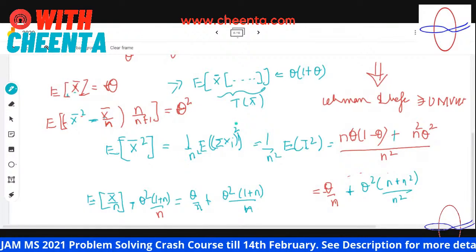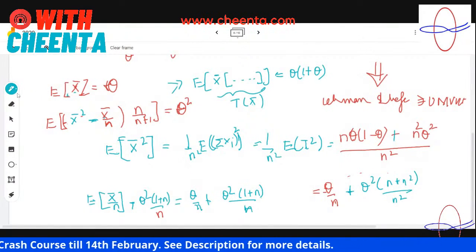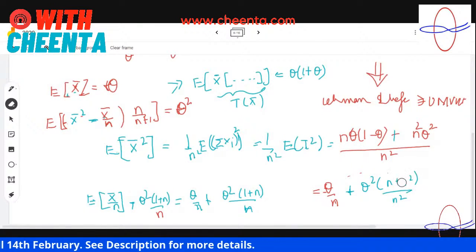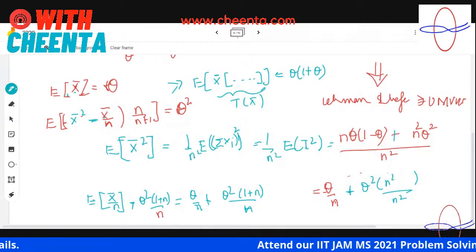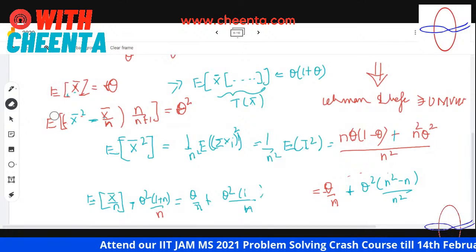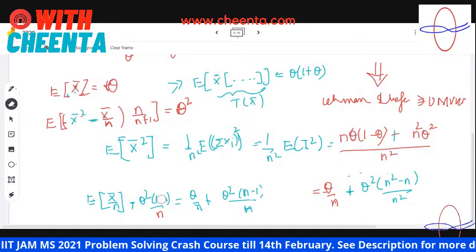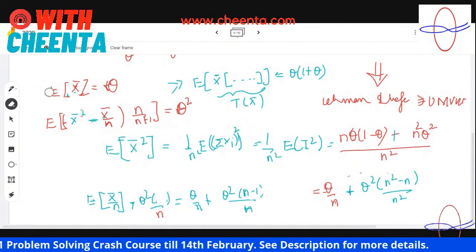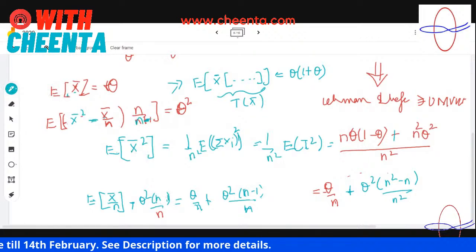And therefore you get that. Oh, this is plus. Then this will also be different. Then this will be n square minus n, then n square minus n. If it's n square minus n, this will be n minus 1, and this will be n minus 1. Perfect.